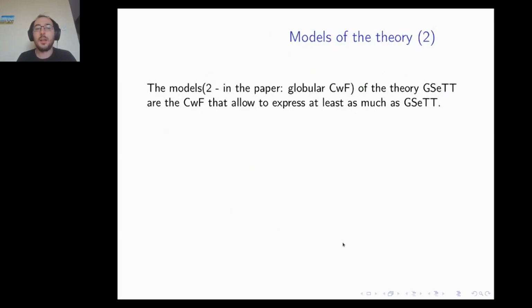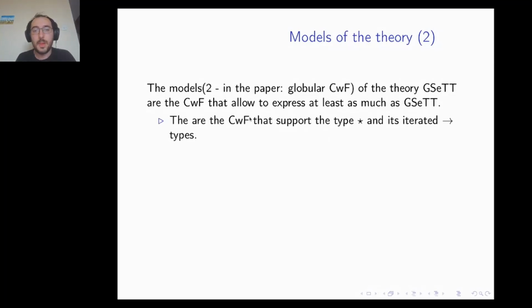So now I'll give you a more natural, maybe, notion of model. So a model of the theory GSETT, I want to see it as a CWF that supports the types star and arrow. And so that could express at least as much as the theory GSETT. And the nice thing is that I can give you a categorical way of saying this.